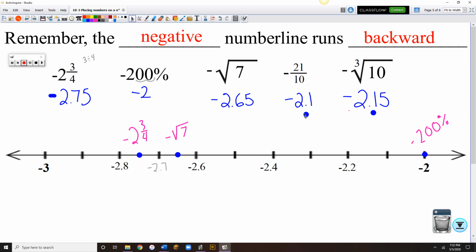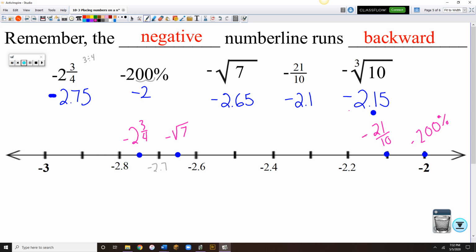Negative 2.1, that's a pretty easy one. You can label that right there. But when we label it, we have to label it in its mixed fraction form. Negative 21 over 10.